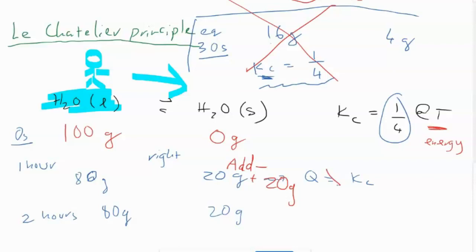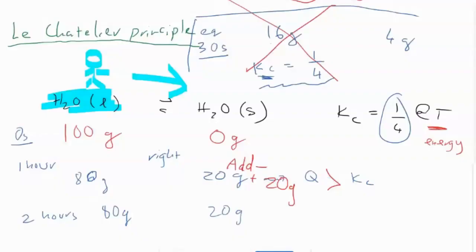I just messed up this equilibrium. So then, according to the Le Chatelier principle, my equilibrium is going to have to shift toward the side in order to restore this equilibrium. Then some of that 20 grams of ice that I've just added is going to shift left and become liquid.